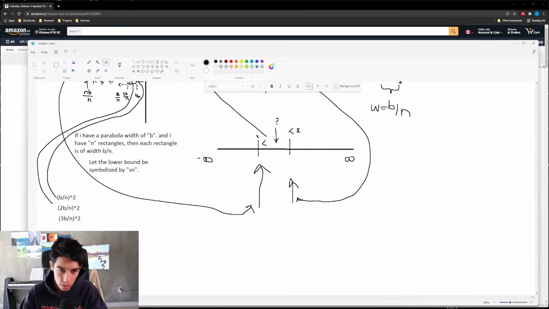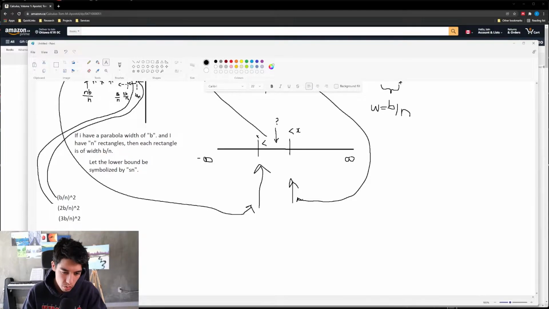So if we're going to write this out, our width is b over n. Let's say rectangle 1 equals b over n times b over n squared, right? And then rectangle 2 is b over n, because that's the width of the rectangle, times 2b over n squared.